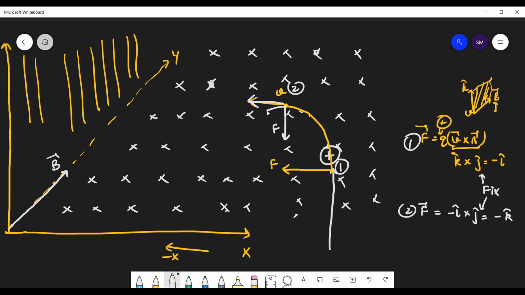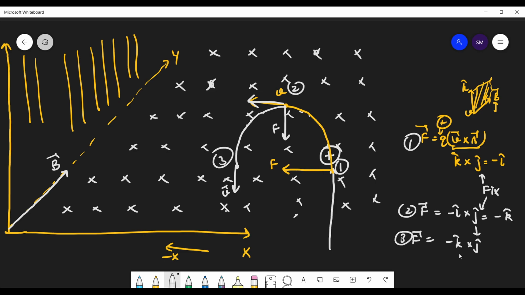Now again it will turn. So it is pulling it in a circle. At all the points you can find the force. So what about this third point? F will be equal to q v cross B, and B is fixed. What is the direction of velocity here? Tangential, so that is now minus k cap.